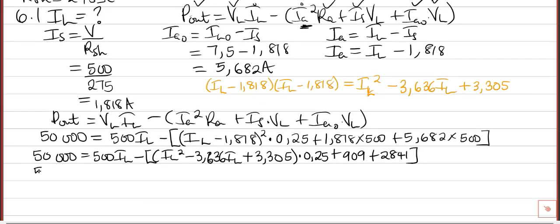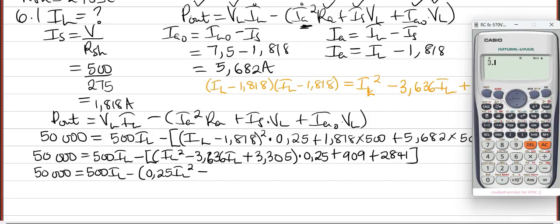To keep simplifying, we have 50,000 equals to 500 IL minus, you want to get rid of this bracket. So for the first one, IL squared times this value, you'll have 0,25 IL squared minus, you multiply this value times 0,25.